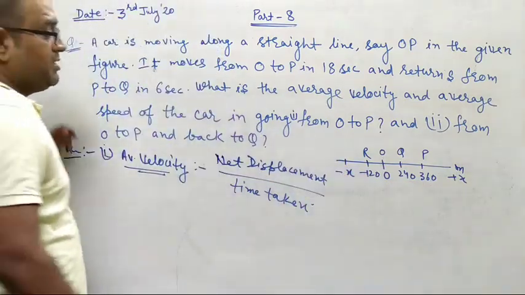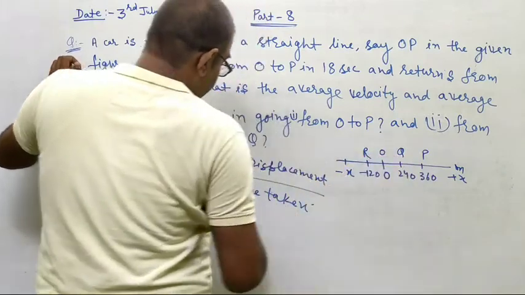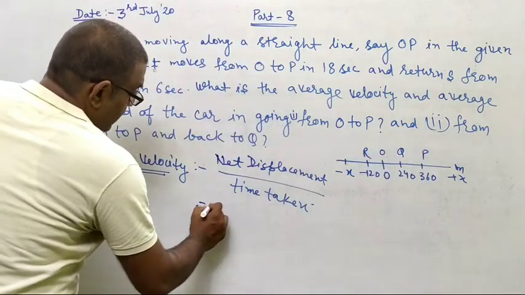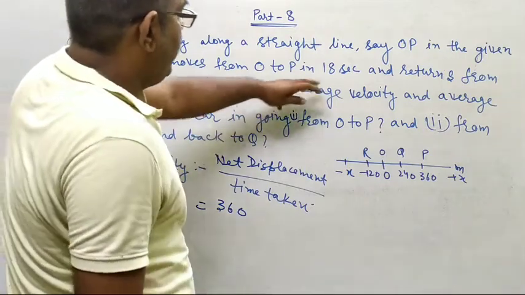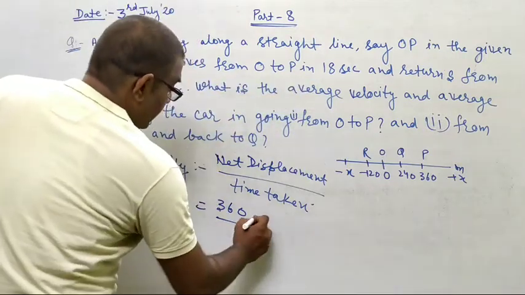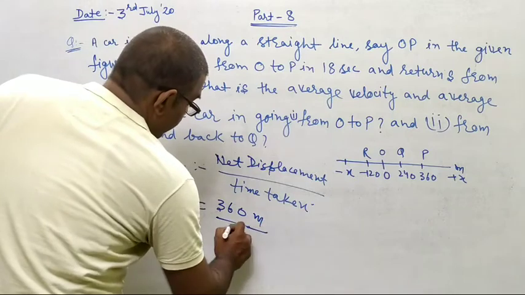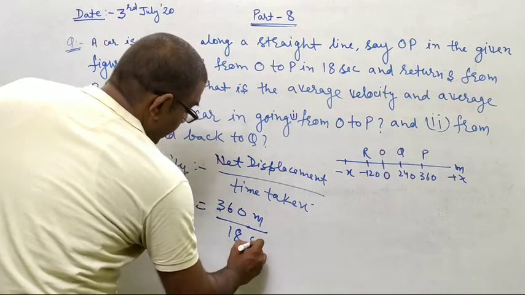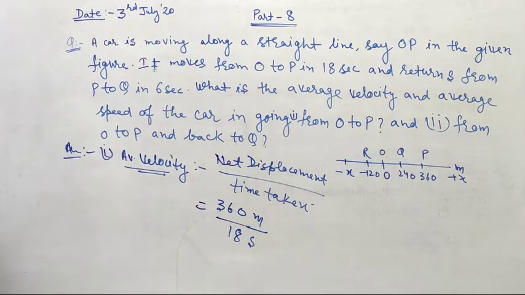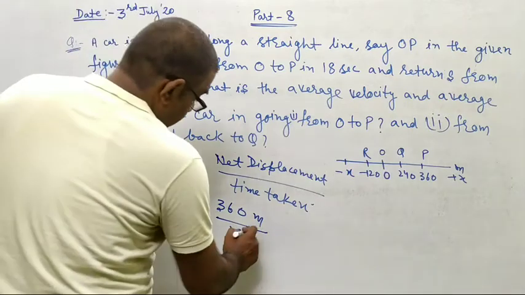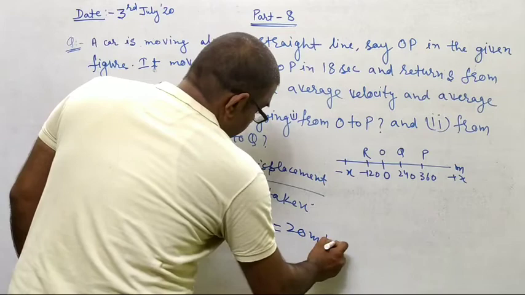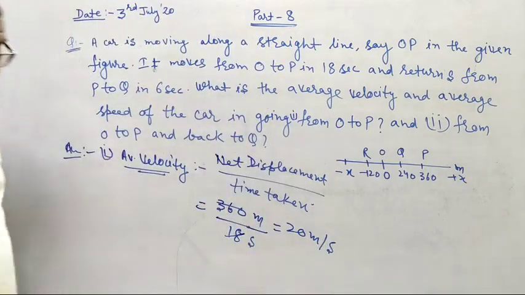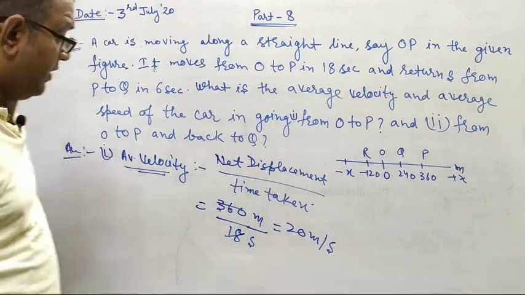So net displacement is final position minus initial position, that is 360 meters, and time given is 18 seconds, so it will be 20 meter per second. It is the value of the average velocity.